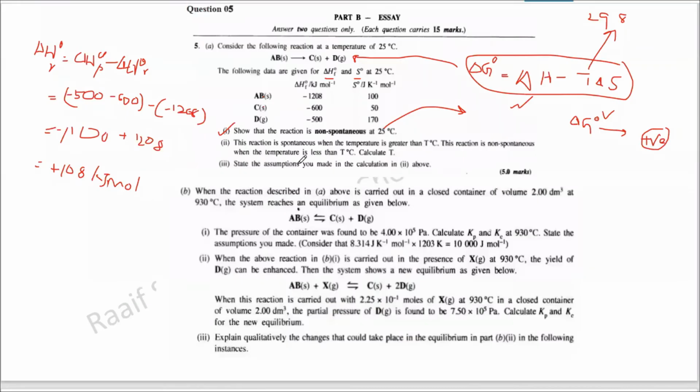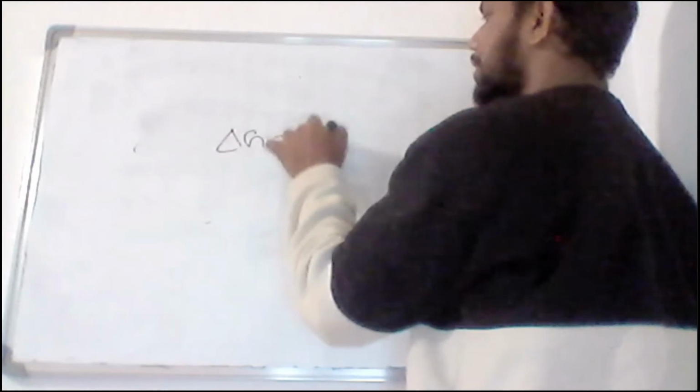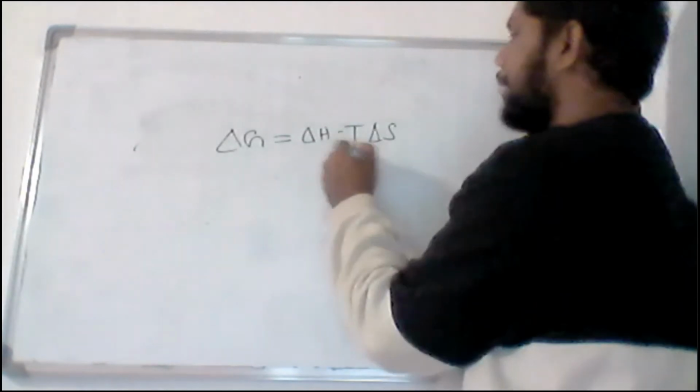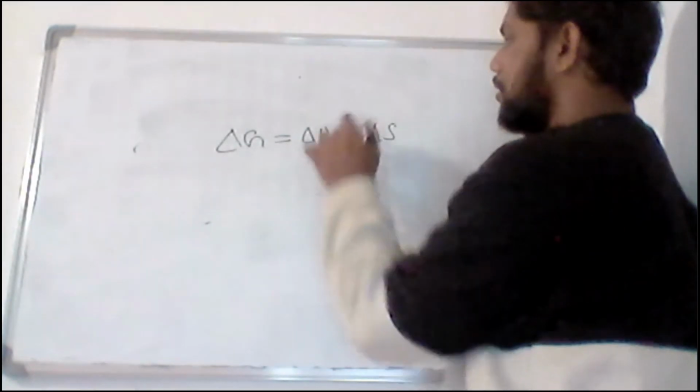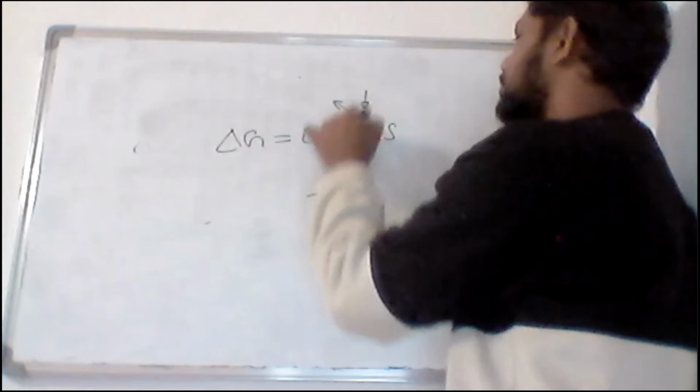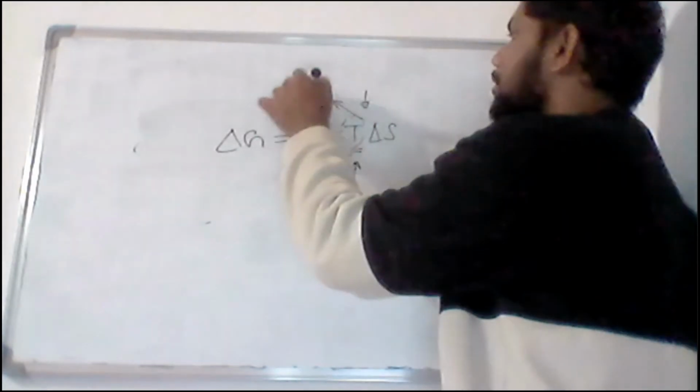Okay. In the second part, they have mentioned this reaction is spontaneous when the temperature is greater than T, and this reaction is non-spontaneous when the temperature is less than T. So calculate T. So what it says, we know delta G is equal to delta H minus T delta S. This says when the temperature is greater than T degrees Celsius, this is spontaneous, and when the temperature is less than a certain temperature, this is non-spontaneous.